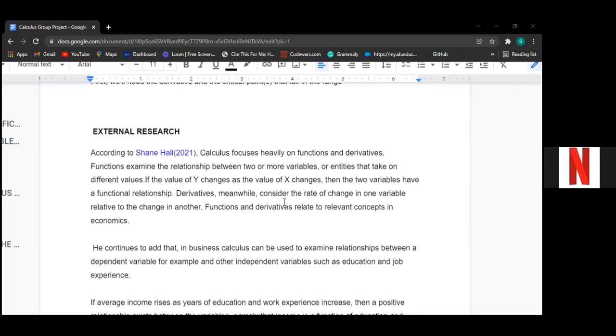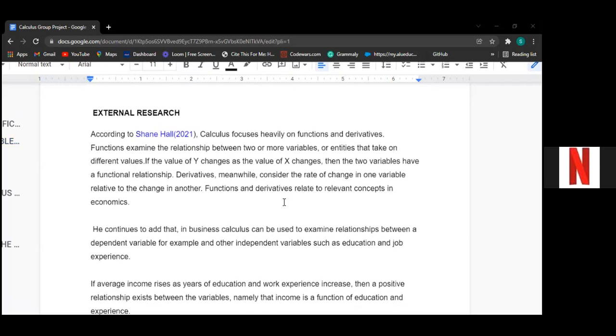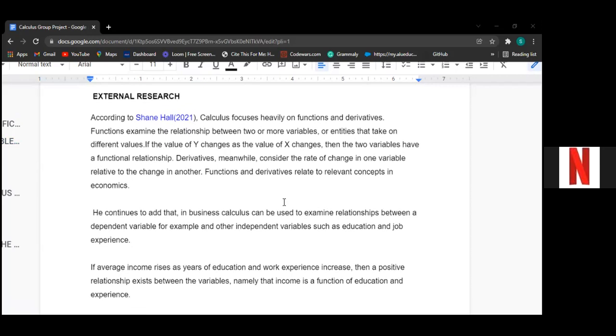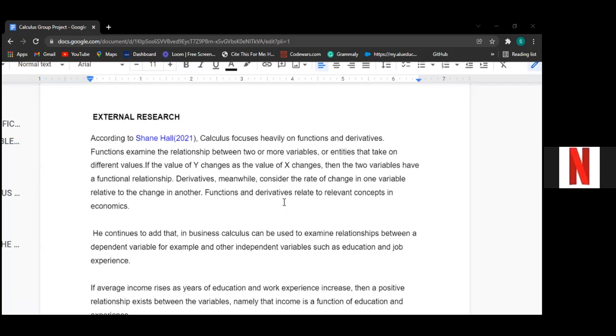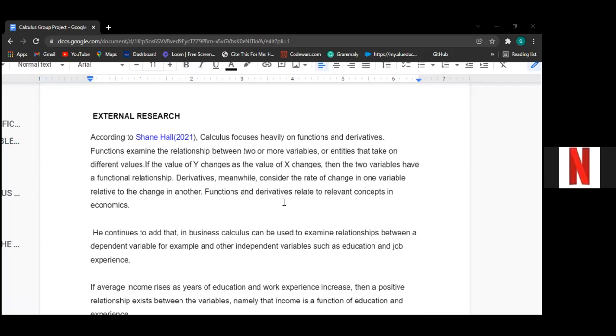We have seen calculus basically focuses heavily on functions and derivatives, and functions mainly examine the relationship between variables, of which, as seen in the question above, we can try to get the relation between the dependent variable and the independent variable.